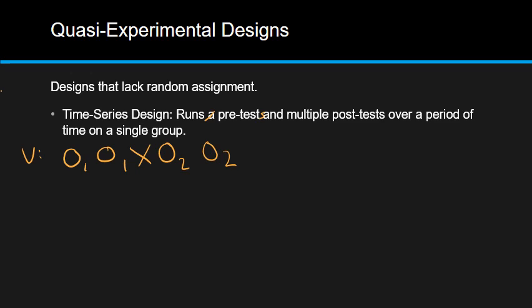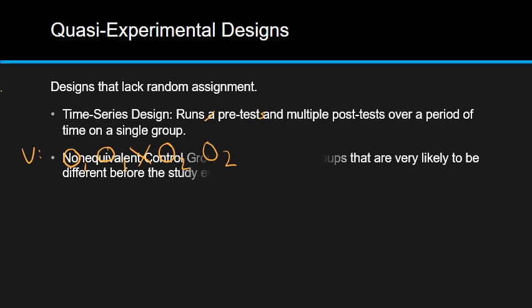So maybe if you're doing marital happiness over time, or if you want to do the Donald Trump thing again, let's have people take a pre-test 6 months before we show them the ad, and then a pre-test 1 month before the ad, then let's show them the ad, then let's do a post-test 5 minutes after the ad, and let's do another post-test 2 months after the ad to see if it had staying power, okay? So that's a time series design.